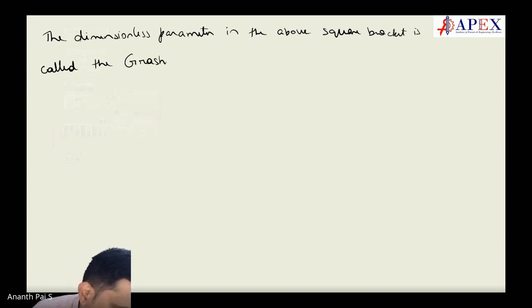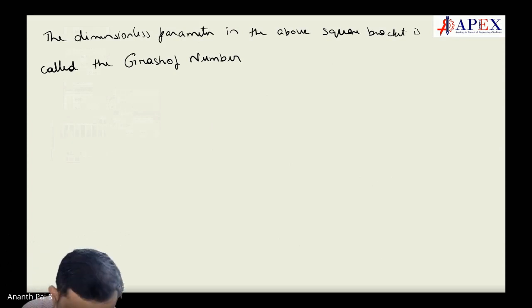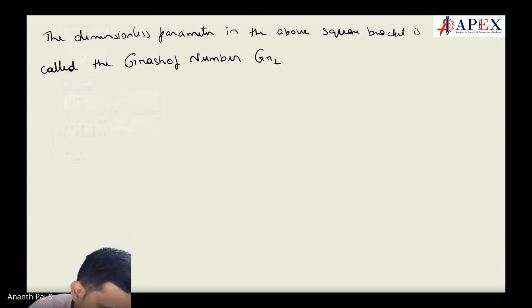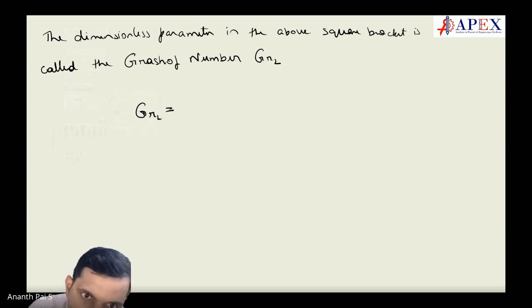It's called the Grashof number, generally referred to as Gr_L. Gr_L is actually equal to g beta (T_W minus T infinity) L cube divided by nu square. Remember this today, this is the only thing on which a lot of questions will come.